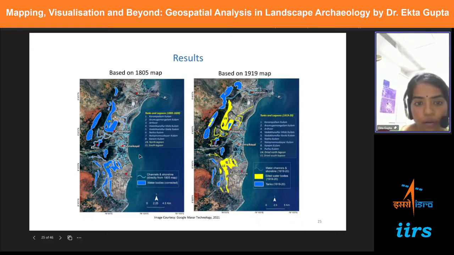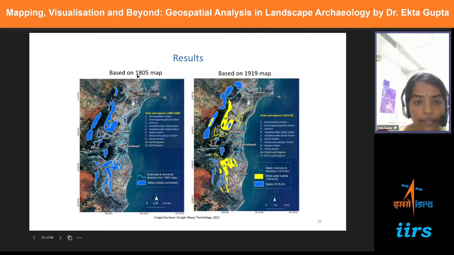So we found these lagoons in the 1805 map and the 1822 and 28 maps, and within 100 years, these water bodies got silted, because we found another map of 1919 where these lagoons were not shown.